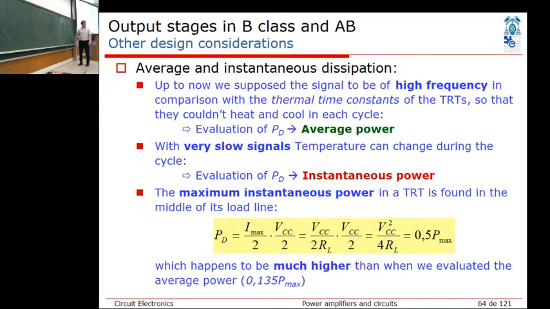That's the instantaneous power, the power on the amplifier transistor. Okay, it looks like that. So that's basically I_C squared divided by R_L. Something like that, yes. Instantaneous power.